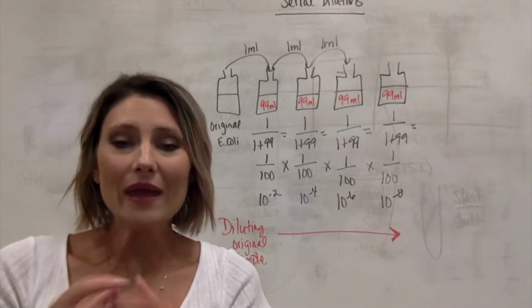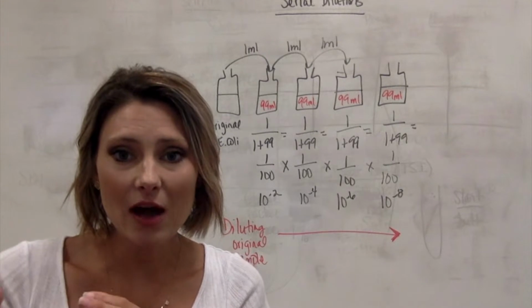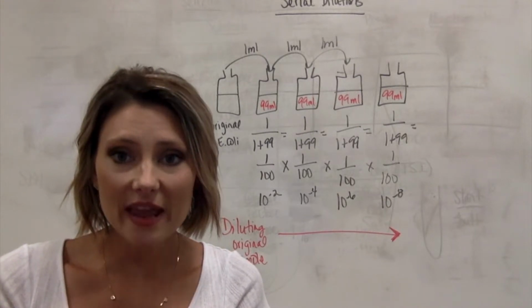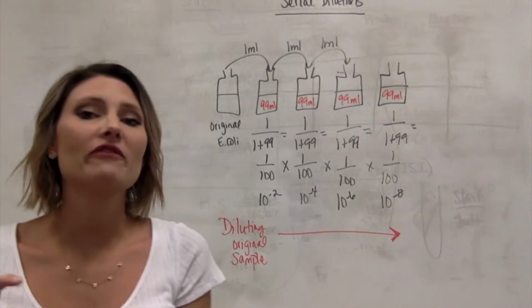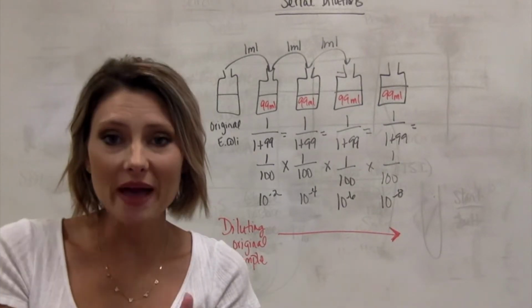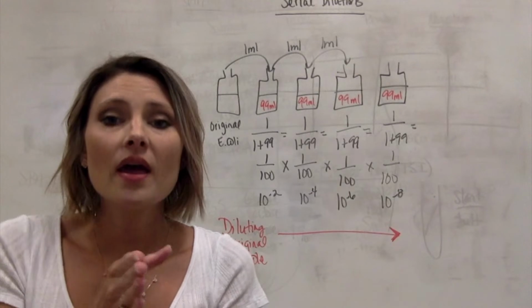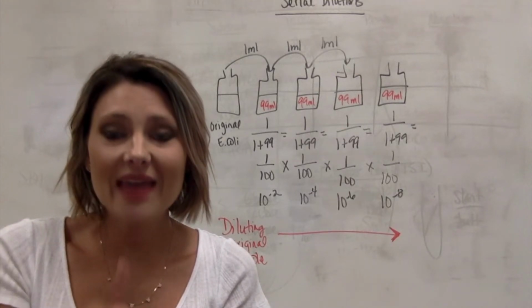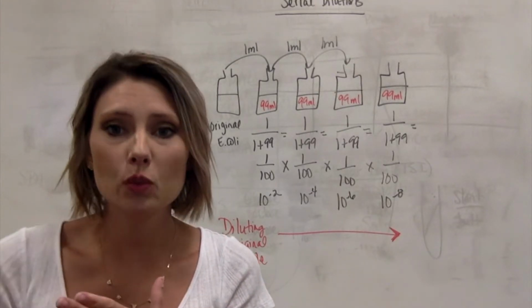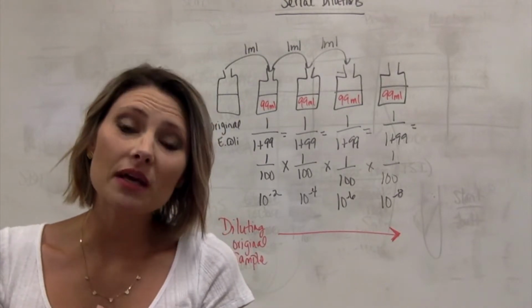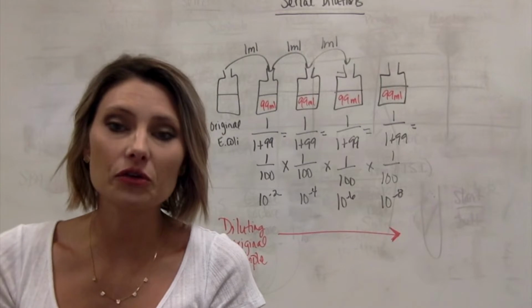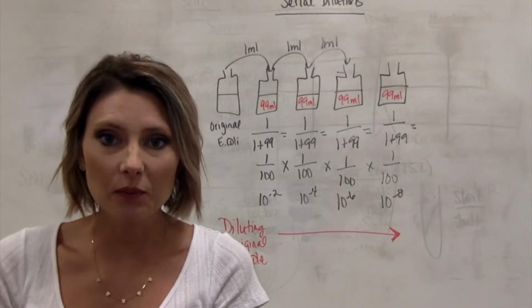So we can't accurately get a count of how many bacteria are there with that high number. So what we have to do is first dilute the bacteria. Then we can do the test on it and then take into account how much we diluted it. That's called our dilution factor, to get an estimate of how many bacterial cells were in the original sample.